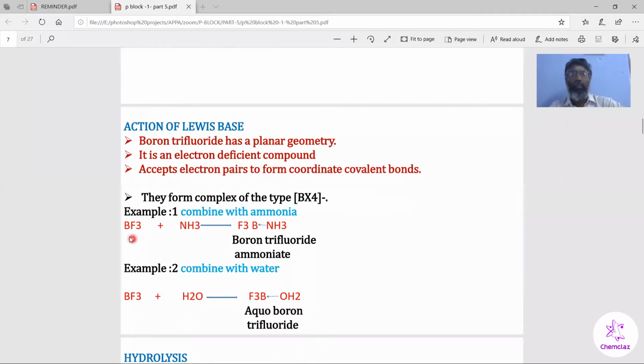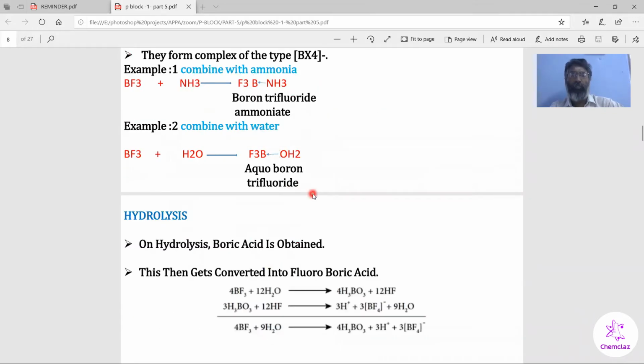For example, boron trifluoride combined with ammonia gives boron trifluoride ammoniate. This compound forms a complex of the type BX4. The second example: boron trifluoride combined with water gives aqua boron trifluoride.